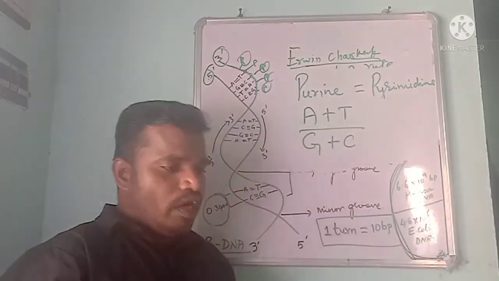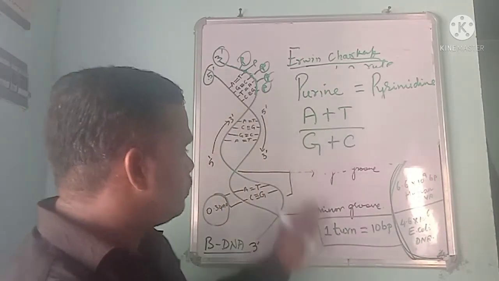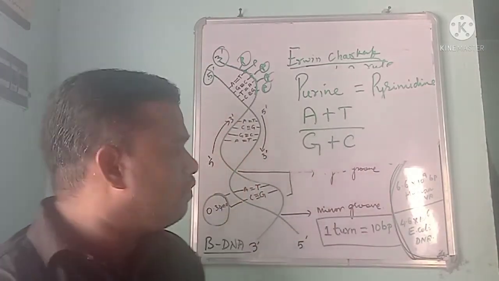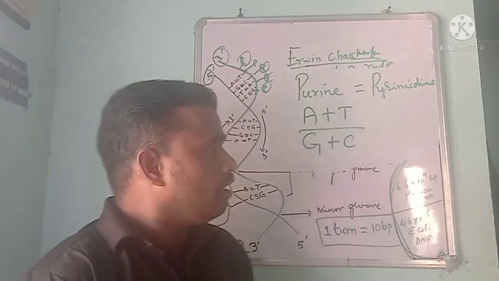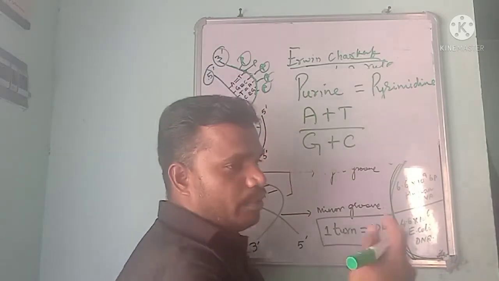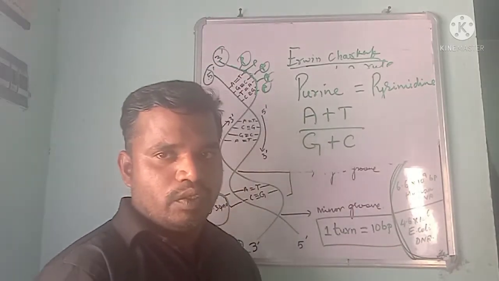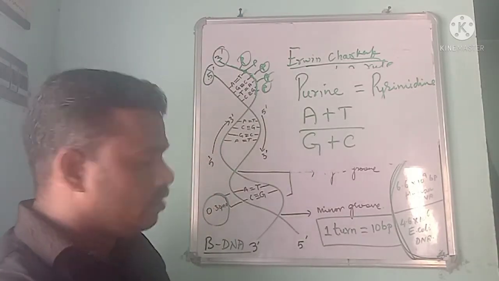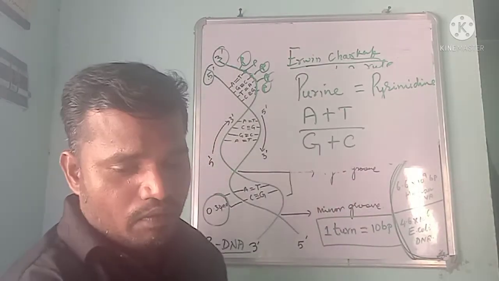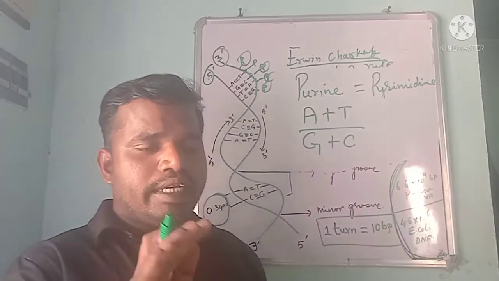So the first thing I told: adenine is always paired with thymine, and cytosine is always paired with guanine. In the same way, if you go for RNA, then instead of thymine, uracil will be replacing it. Do you understand what I am saying? Clear? So these are Chargaff's rules. He proposed two basic concepts.